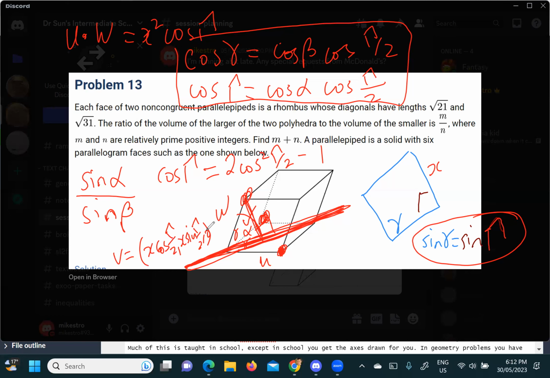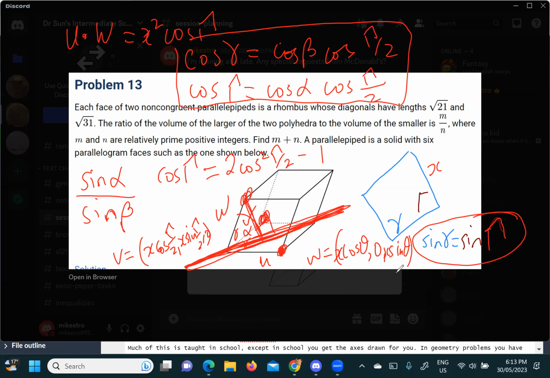And w will be easy now, because it's literally on the x-axis, so it has y value 0.